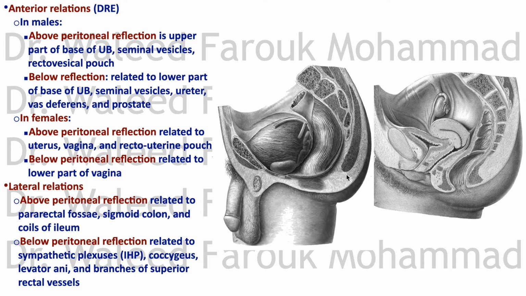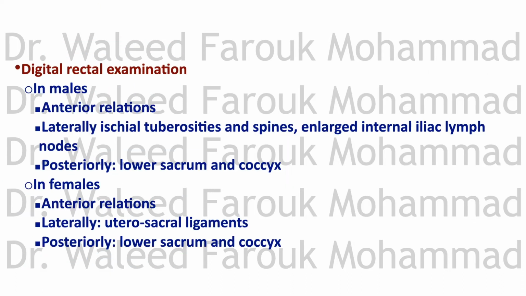Below peritoneal reflection, related to the sympathetic plexus, the inferior hypogastric plexus, the coccygeus and levator ani, and the branches of the superior rectal vessels. Of course, these are both in males and females.